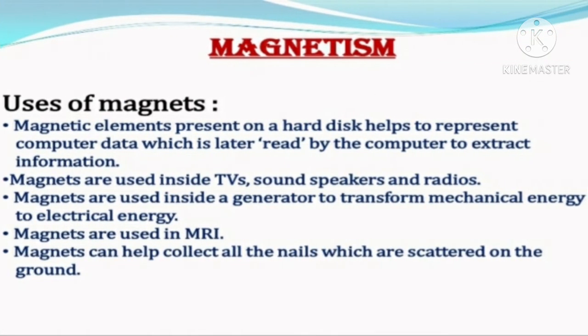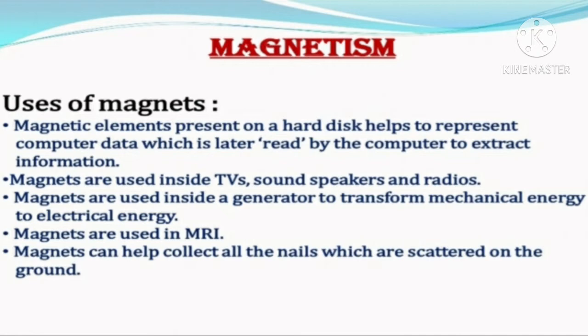Uses of magnets. First point, magnetic elements present on a hard disk help to represent computer data, which is later read by the computer to extract information. Second point, magnets are used inside TVs, sound speakers and radios.